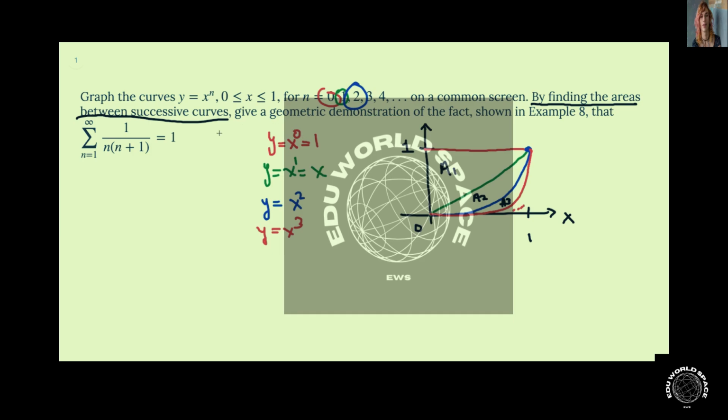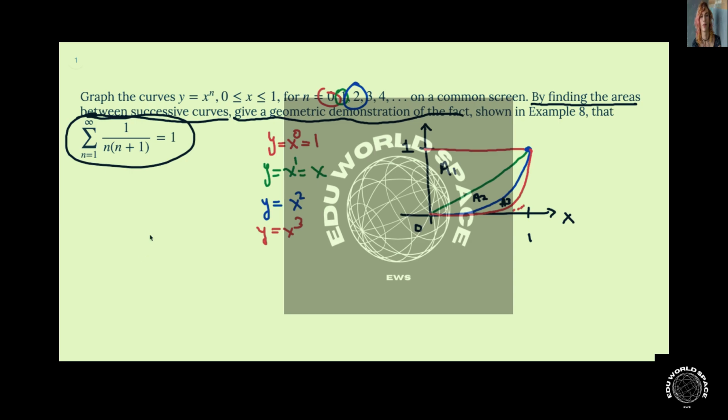And by doing this, we'll give a geometric illustration of this fact here, this infinite series that's equal to 1. So we'll try to explain why this equation is true by adding up all of these areas in the figure.